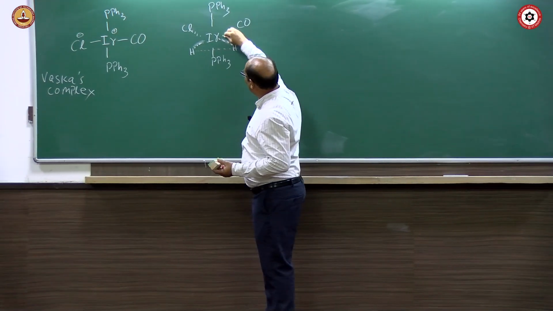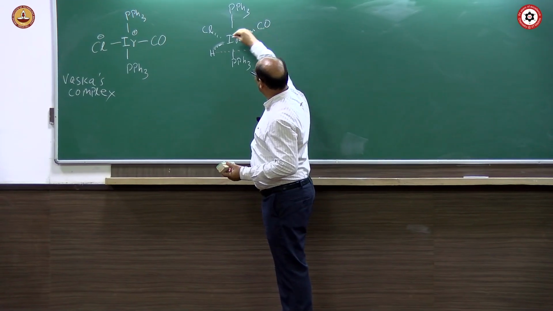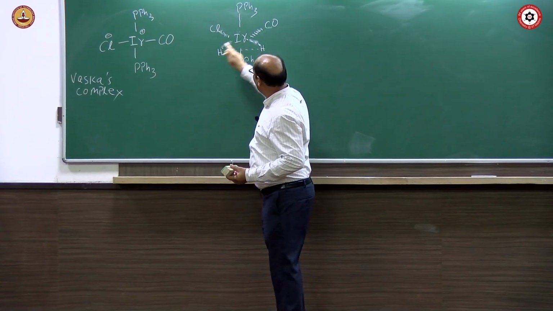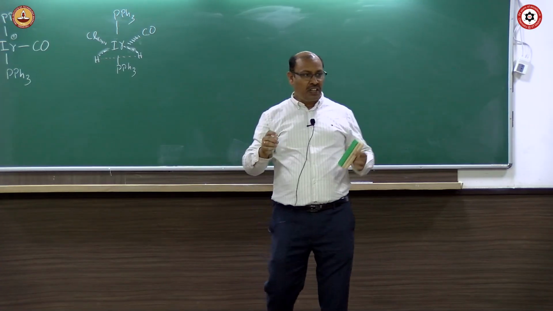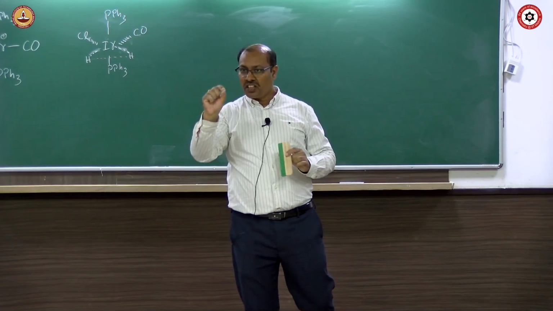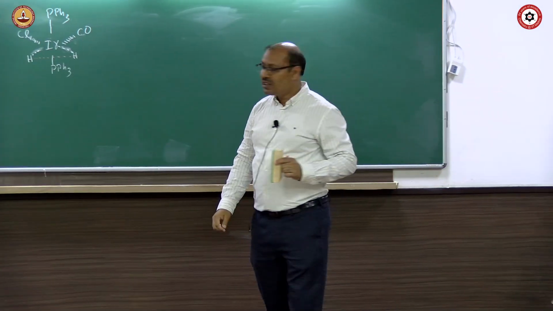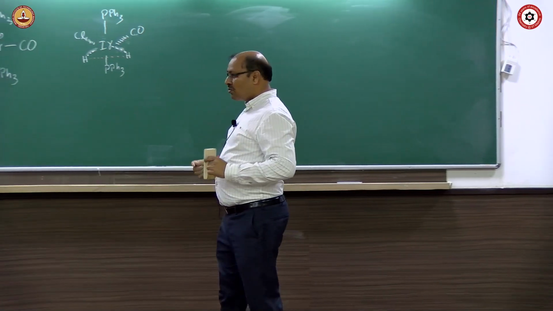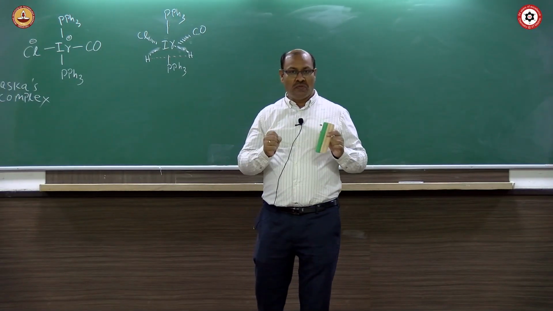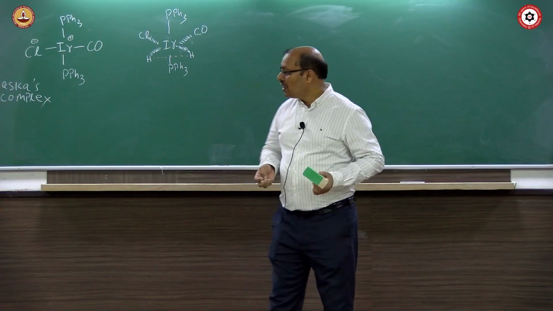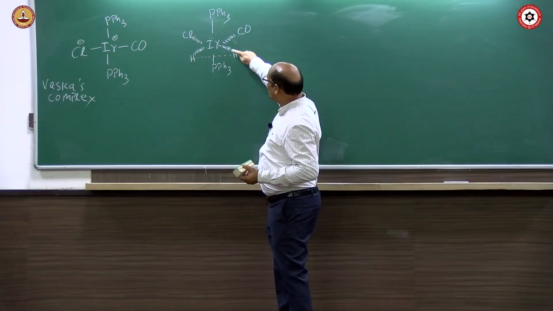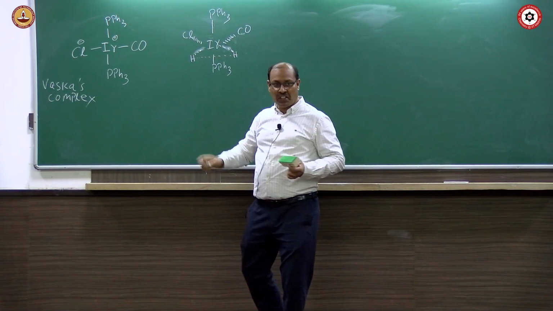And this is not a dotted line, this is a hash line which is behind. So this line and this line mean different things. The hash is behind the plane and the dotted line is a partial bond. In this case, the hydrogen molecule approaches the metal and starts forming a bond, and slowly this bond will form completely and this bond will break.